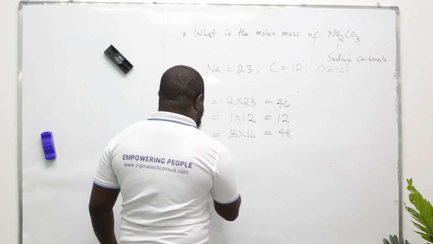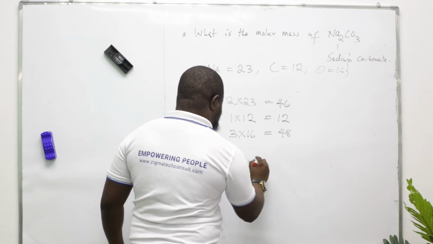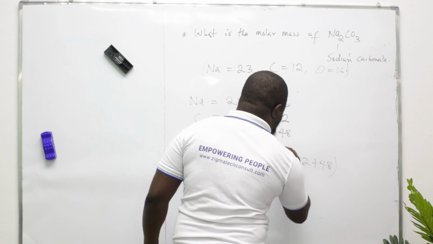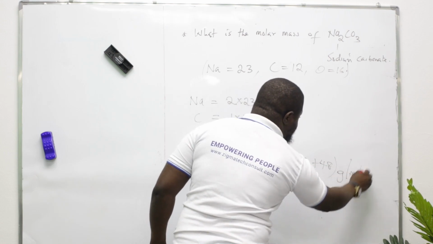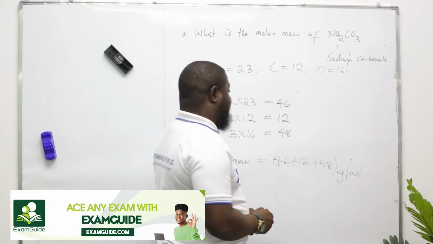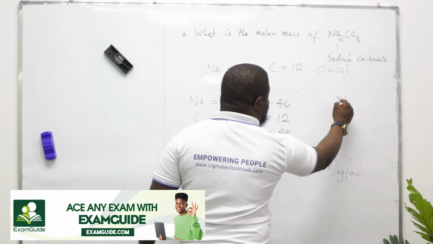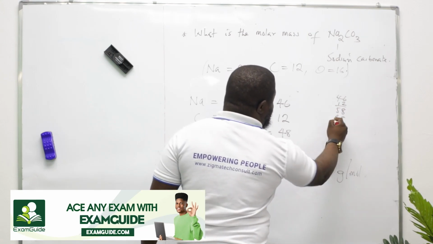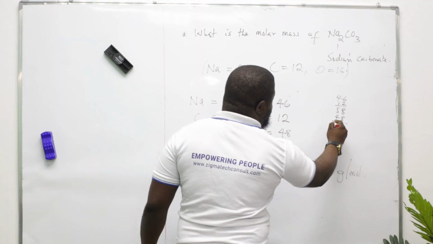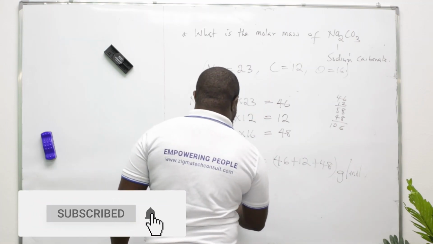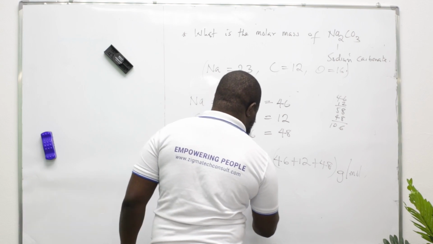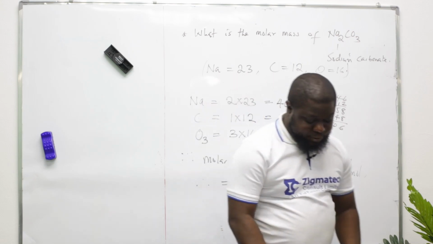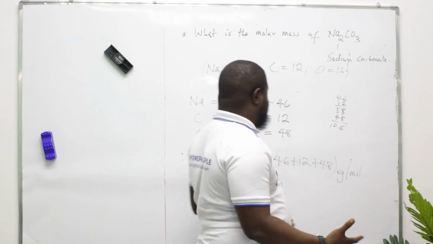So therefore, molar mass will be equal to 46 plus 12 plus 48, all in grams per mole. That is the SI unit. So 46 plus 12 will give me 58. 58 plus 48 will give me 106. So therefore, the molar mass is equal to 106 grams per mole. That is the answer.